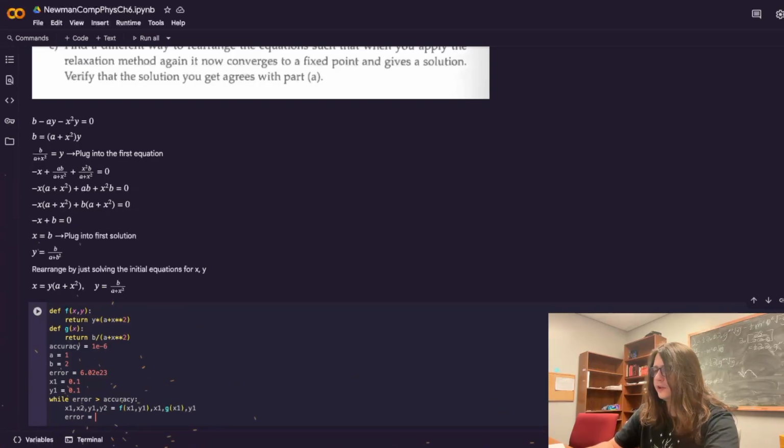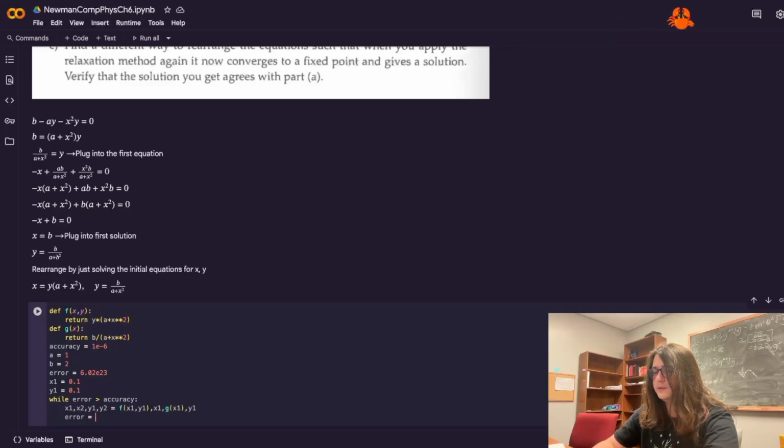Now you want to calculate your error. I'm not going to use the actual relaxation method error formula that's in the book because it actually involves a derivative of something, and not both of these have nice derivatives.